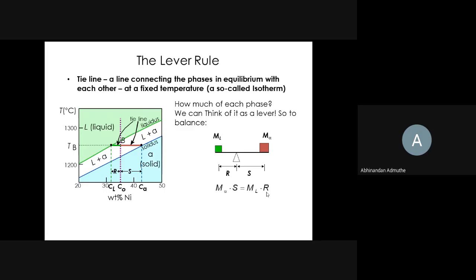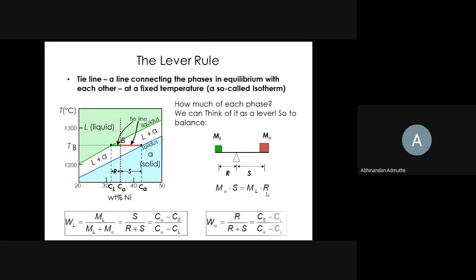The lever rule is just like the fulcrum, the seesaw we played on in our childhood days in the garden. This is a small expression, a derivation given in this slide. I will not go into more detail because it is very simple to understand. You just look at this, and obviously I am going to upload this presentation on Google Classroom. Again, you can download it from there and study it.